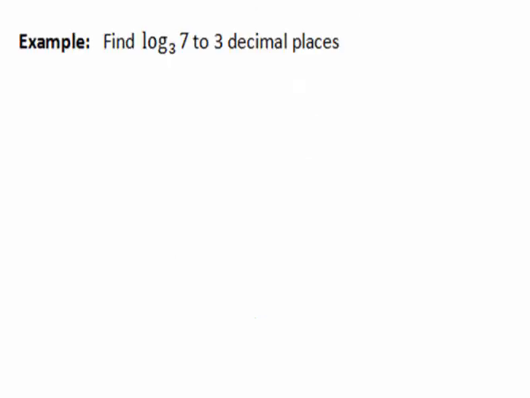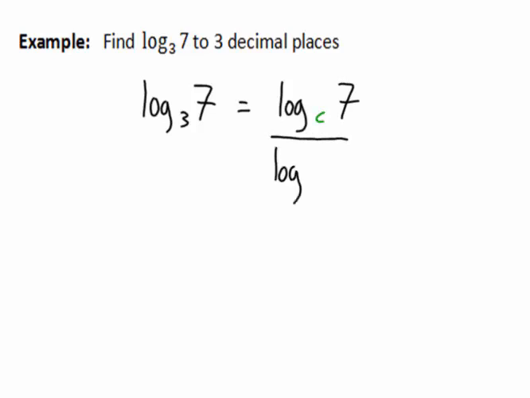And where we use this rule all the time is when we start to use our calculator, start to do calculations of logarithms. So let's just do our change of base rule here. Log base 3 of 7 is really the same as log base c of 7 over log base c of 3. There's our change of base rule. We can choose any base we like.